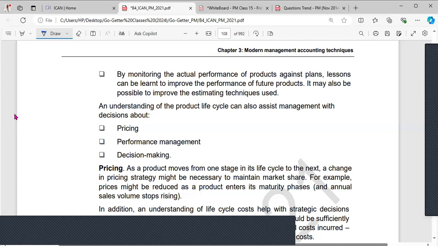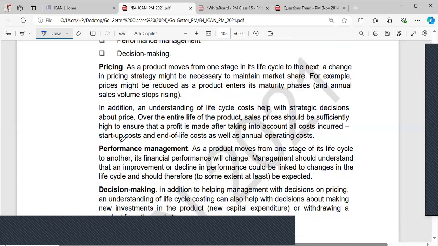An understanding of the product life cycle can assist management with decisions about pricing, like we said before, performance management, and decision making. Let's look at them briefly. Pricing. As a product moves from one stage in its life to the other, a change in pricing strategy might be necessary to maintain your market share.